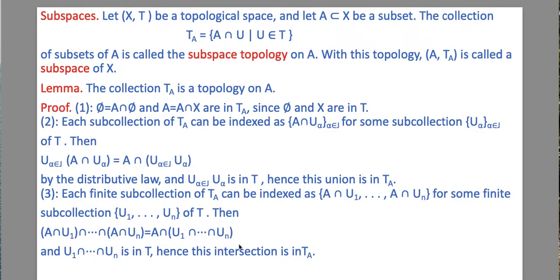This is again by the distributive law. And U1 intersection ... intersection Un is in T. Hence, this intersection is in TA. It means all three properties are satisfied and the collection TA is a topology on A.